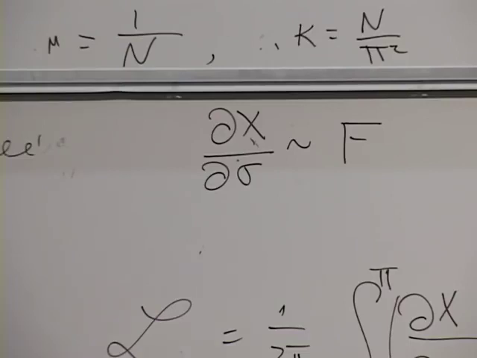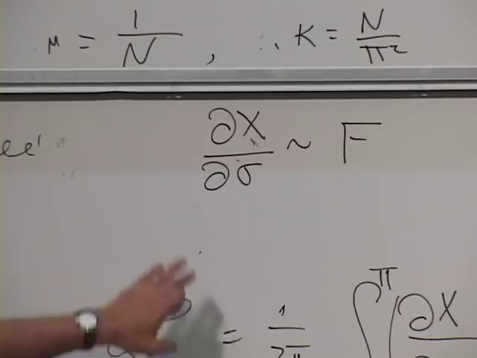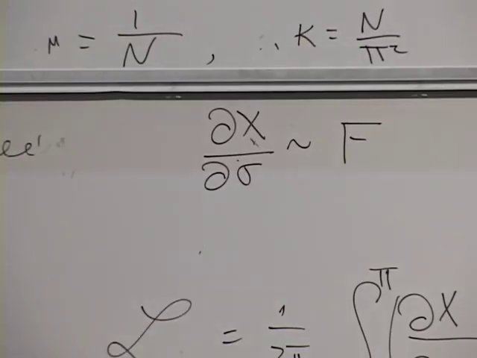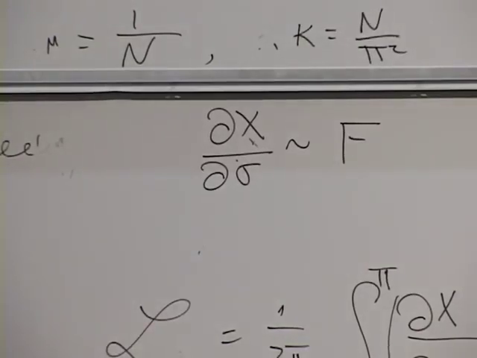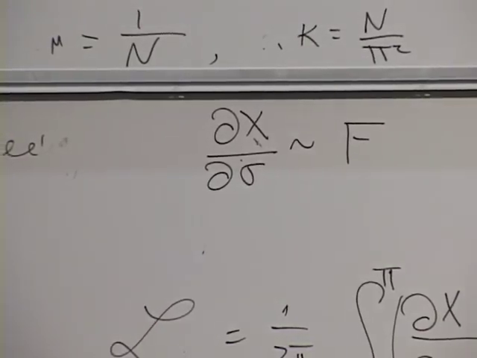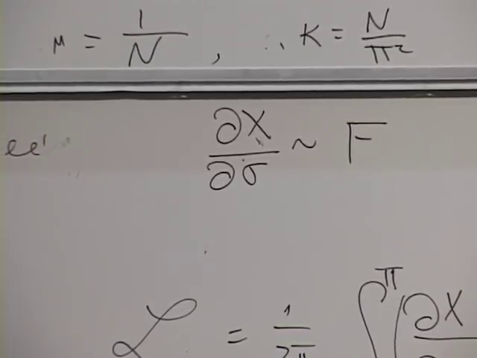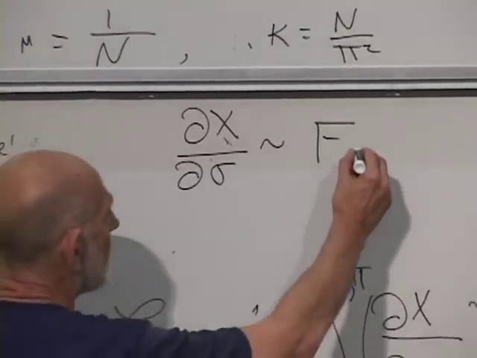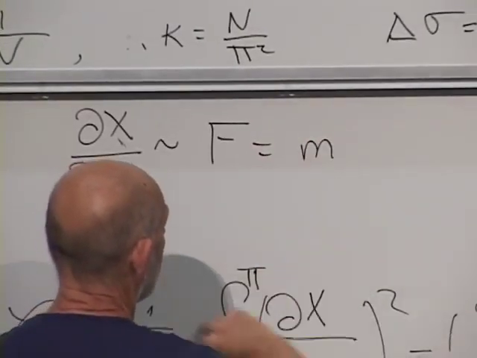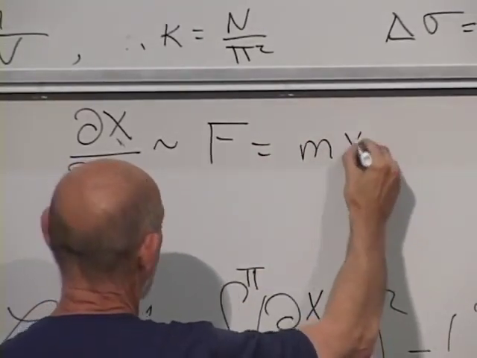If dx/d sigma was 0, it would mean the nth point and the n minus first point are right on top of each other. If they're separated, then there's a dx by d sigma. Now, what does that have to equal by Newton's equations? It has to equal the analog mass times the acceleration, m times, let's call it x double dot.